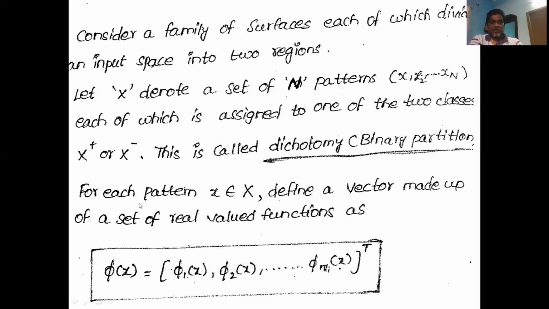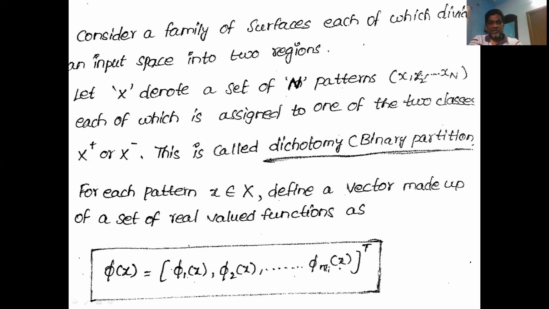Now, for each input pattern x belonging to X, we can define a vector made up of a set of real valued functions as phi of x equals phi1 of x, phi2 of x, and so on, phi n of x, all to the power t.